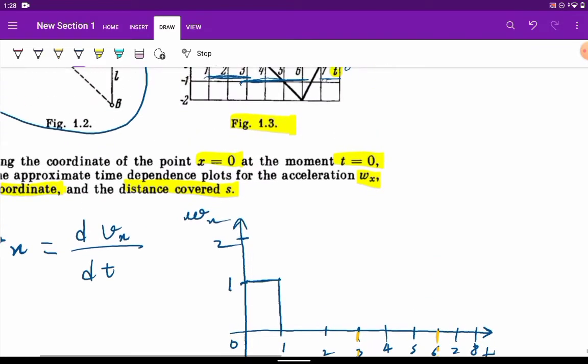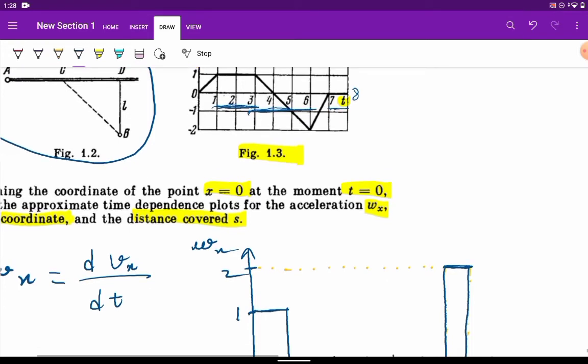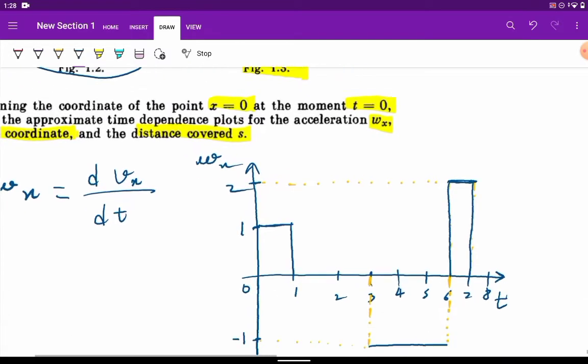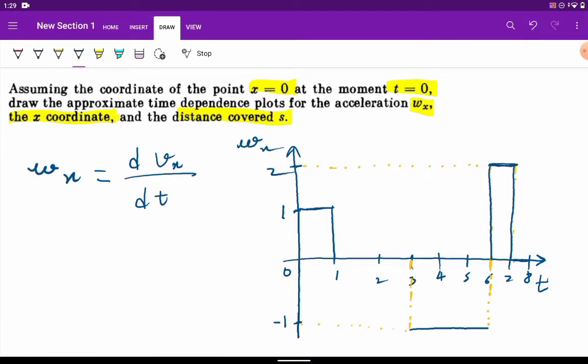So from 6 to 7 it is 2. And then from 7 to 8, since the velocity is constant, the acceleration suddenly drops down to 0. This is basically the acceleration versus time plot done.